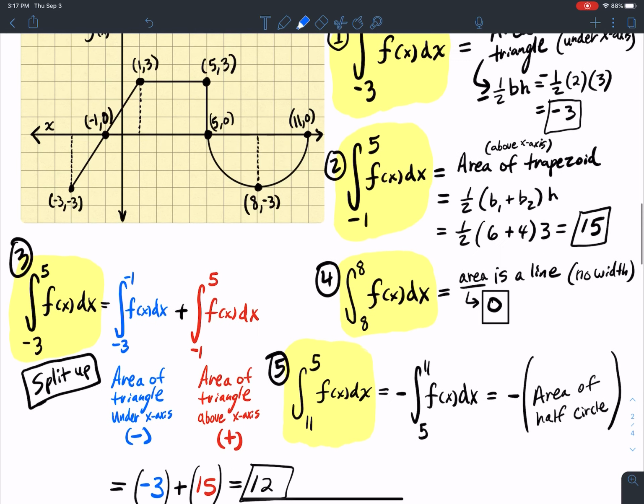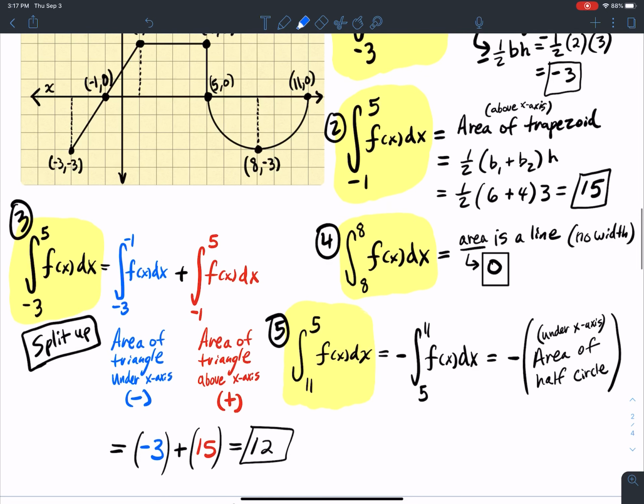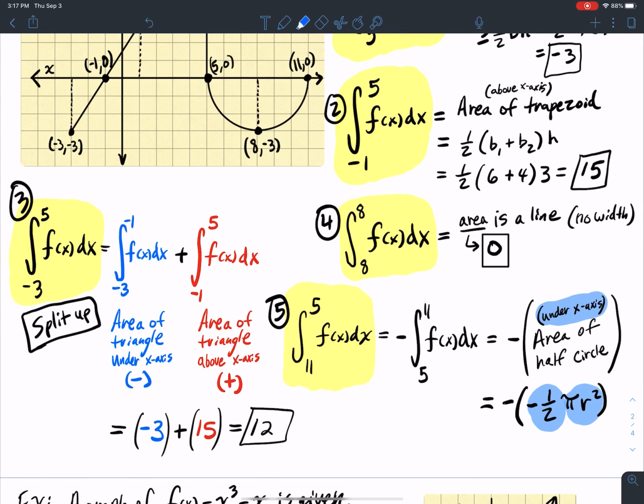So the area of a half circle, and the area is under the x-axis. So not only is my area going to be negative, but it's half of a circle. So I do 1/2 pi r squared, and it's negative 1/2 because it's under the x-axis.